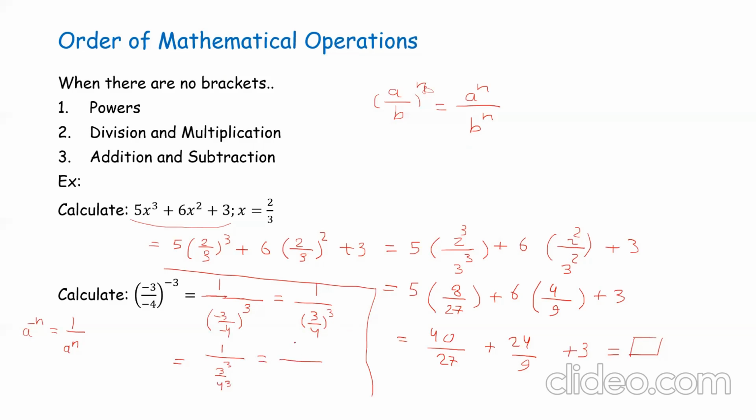And this is equal to 3 to the power of 3 is 27 over 4 to the power of 3, 64. So this is the reciprocal of 64 over 27. So the result will be 64 over 27.